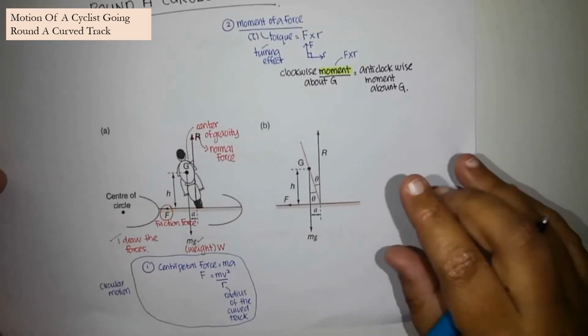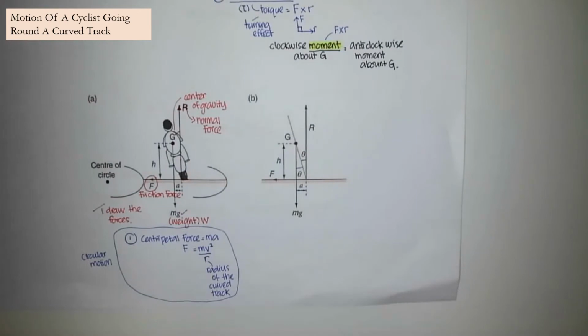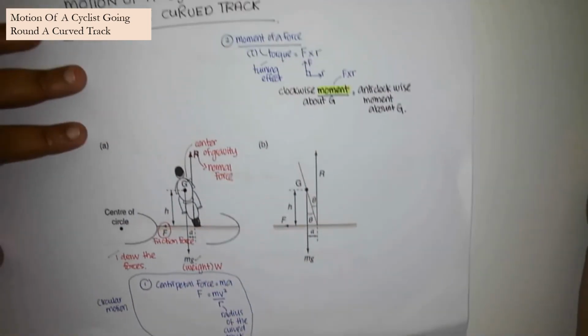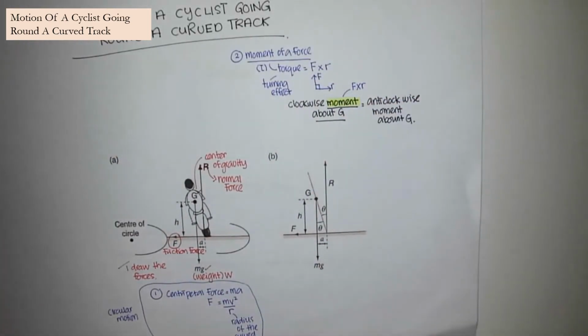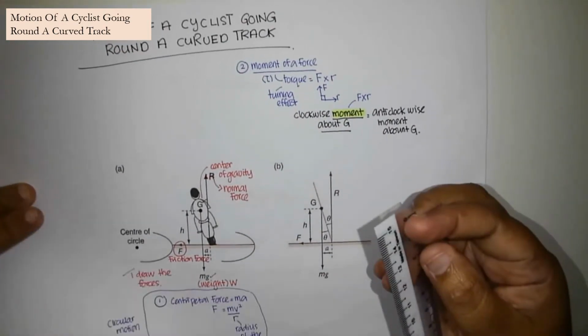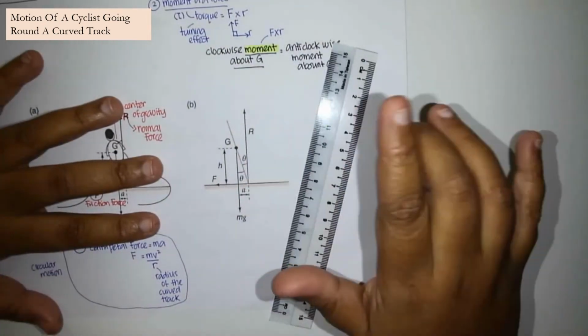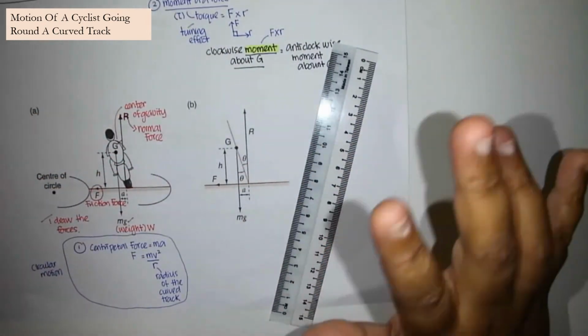Let's look at this diagram. It says "about G". What does about G mean? We can choose any force we want, but we choose to follow the book.